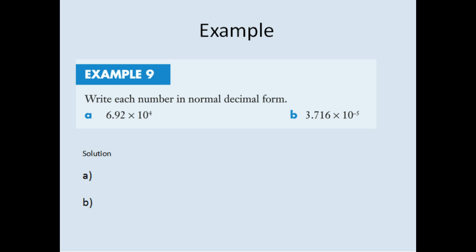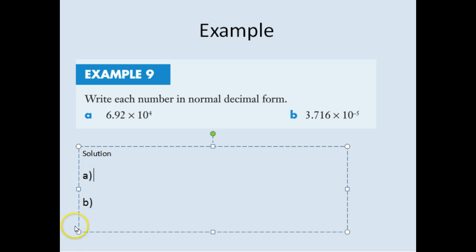On the flip side, sometimes we'll be given a number in scientific notation and we need to convert it back to its original form. Now this one here is 6.92 times 10 to the power of 4. So that's telling us that they've moved that decimal place 4 places up. So what we need to do is move it 4 places back down.